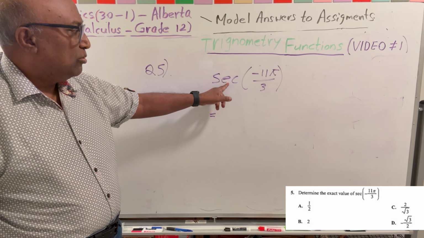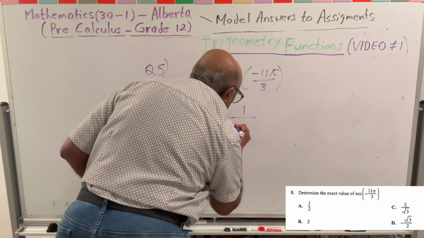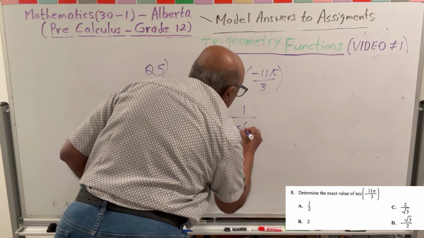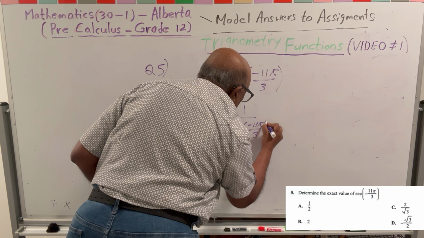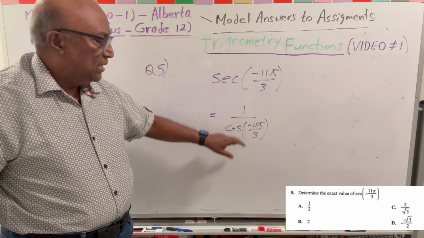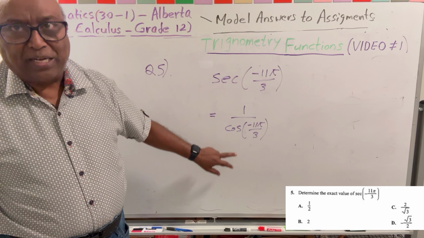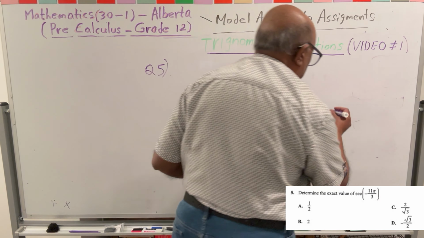The secant corresponds with cosine. 1 upon cos, negative 11 pi upon 3. That's the first step. We have to rearrange this with the primary trigonometry ratio. The primary trigonometry ratio for secant is cosine. That is first step. Now let's indicate this in the standard position diagram, coordinate diagram.